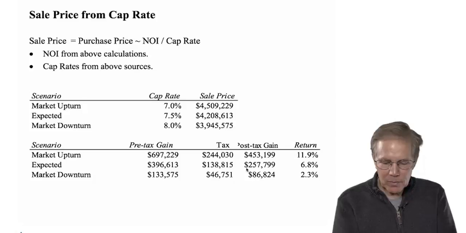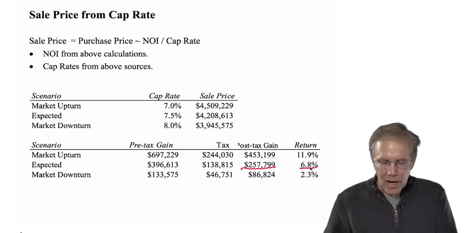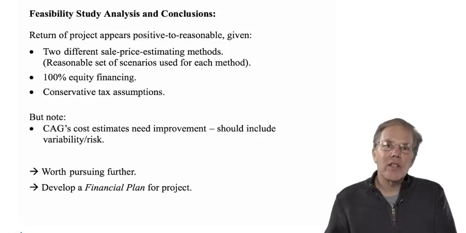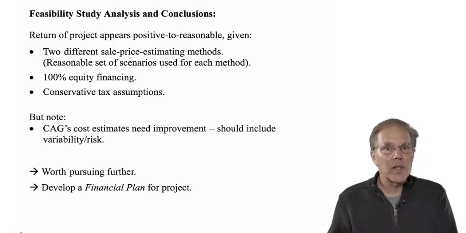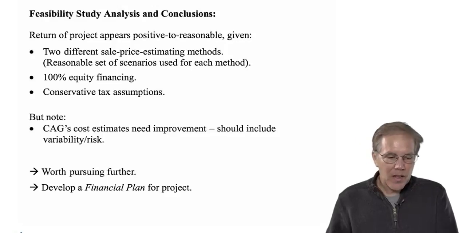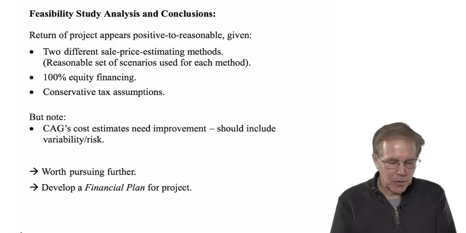And for the cap rate sale, something similar, about $260,000, a return in 1 year of 6.8%. So we concluded, based on this conservative analysis with no time value, assuming no lender financing, that it looked reasonably decent and it was worth pursuing further.